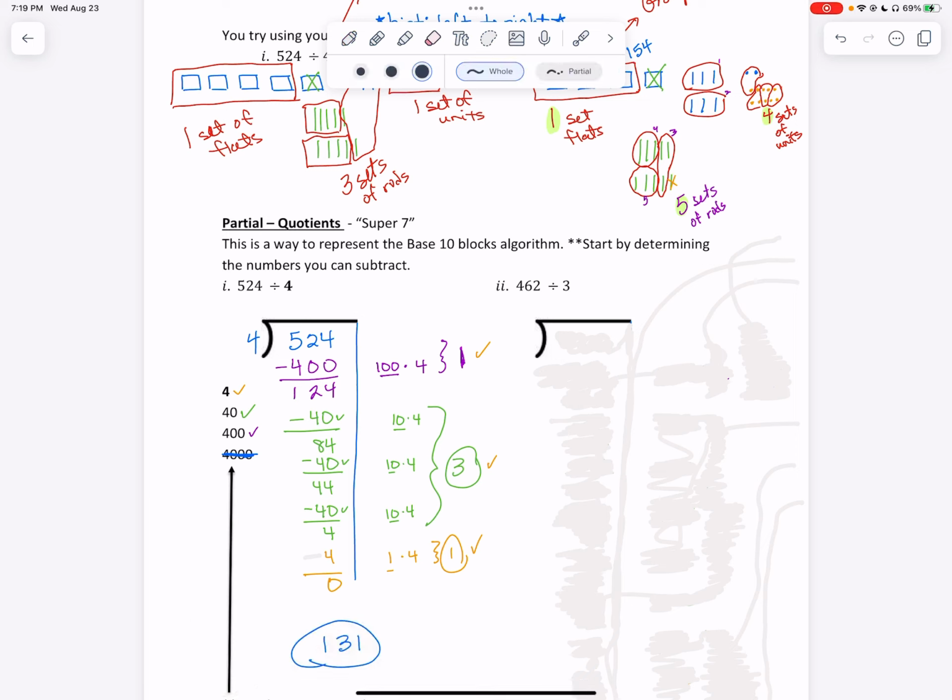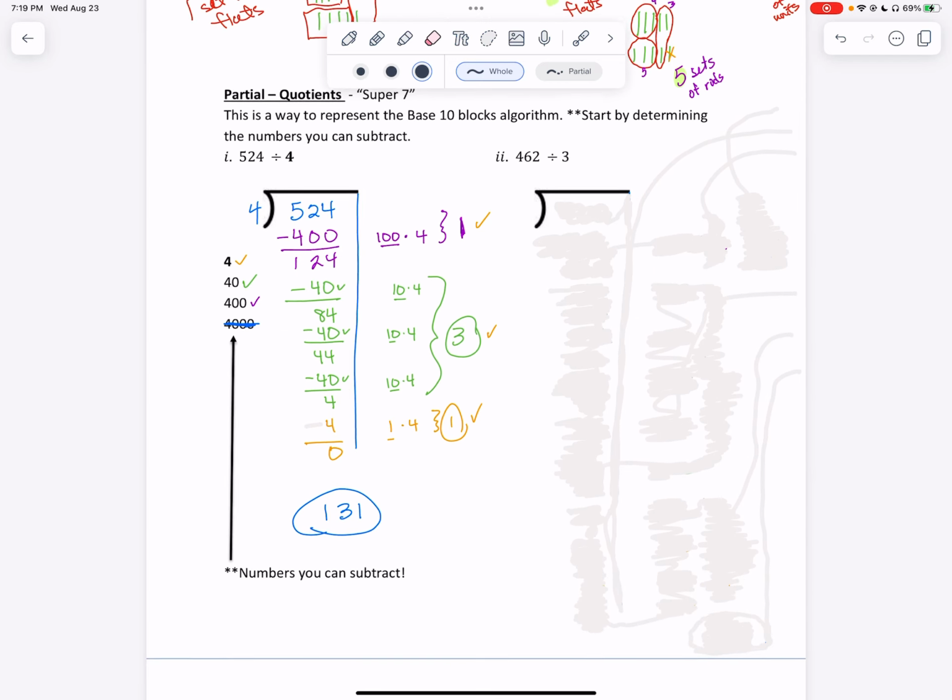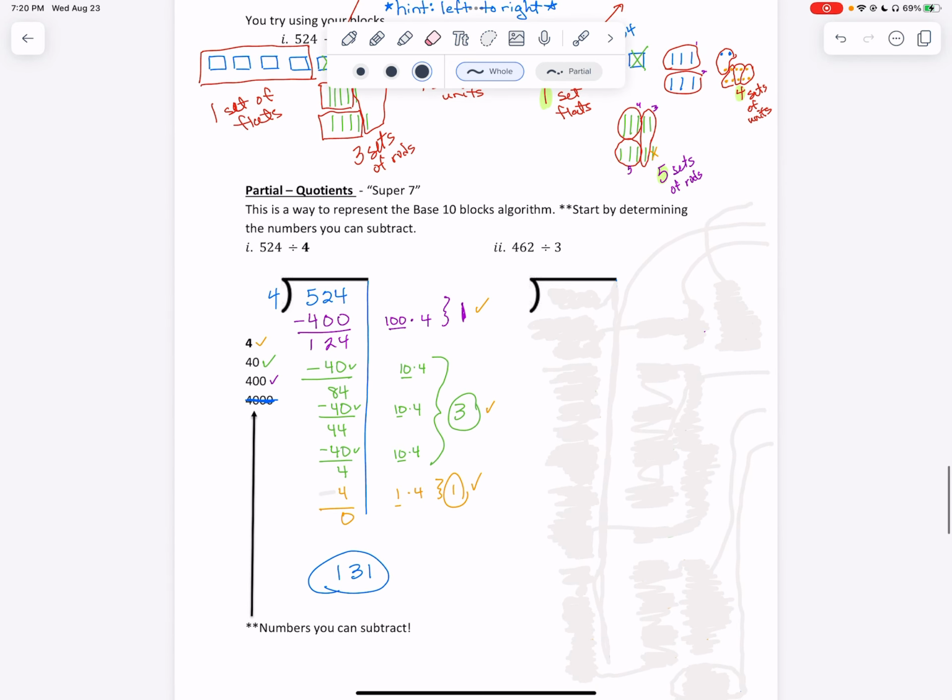All right, let's do that one more time, because I know it's sort of a weird concept, okay? All right, so we've got 462, so that's going to go under my house. Okay, and let's determine what numbers we can subtract.